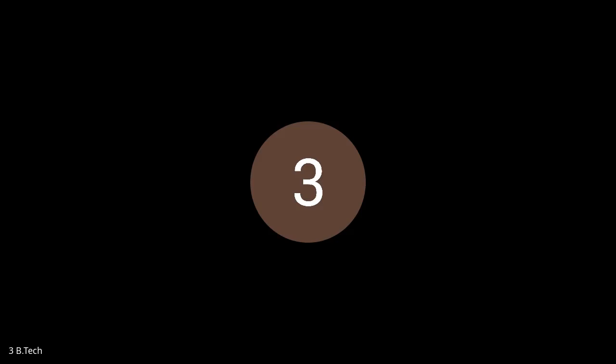What is the formula for current gain? Output current by input current. In gain, input current is always in the denominator. So if the denominator value is low, obviously gain will increase. Is that clear, all of you? Yes, sir. So we should have less input current.